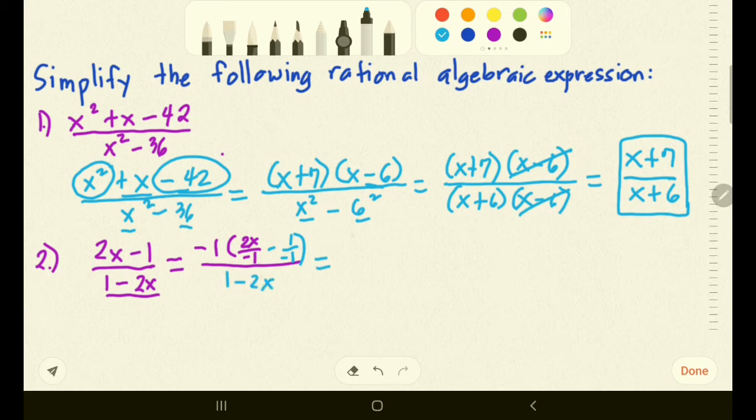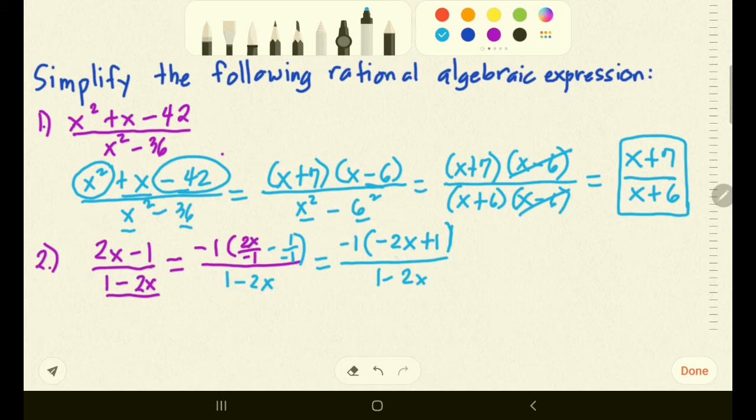So negative 1 times 2x divided by negative 1 is negative 2x. And then you have here minus 1, we can consider it as negative. Negative divided by negative is positive, so plus 1. Then 1 minus 2x.